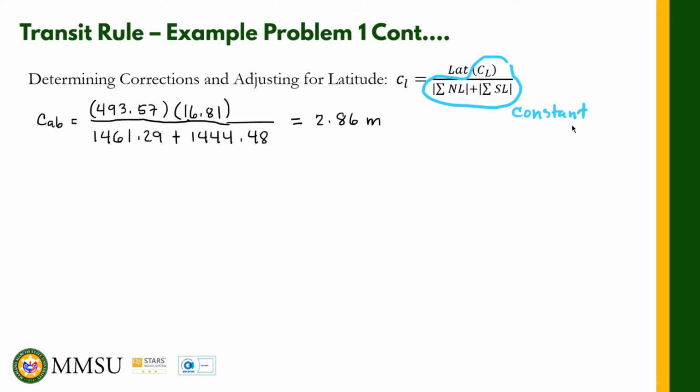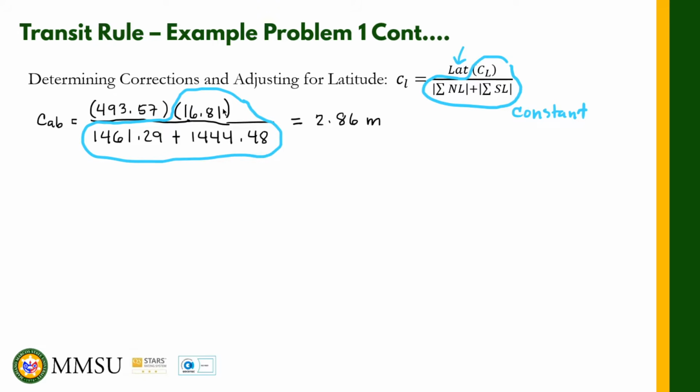Ibig sabihin ito, minumultiply lang natin by the latitude of the given course. So i-compute na ninyo ito: 16.81 divided by 1461.29 plus 1444.48.